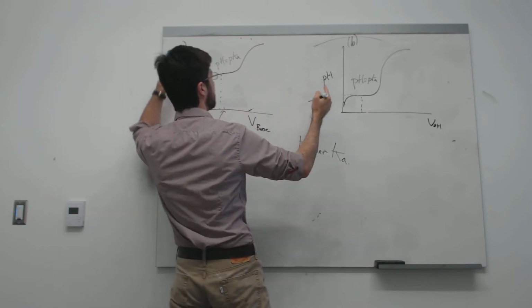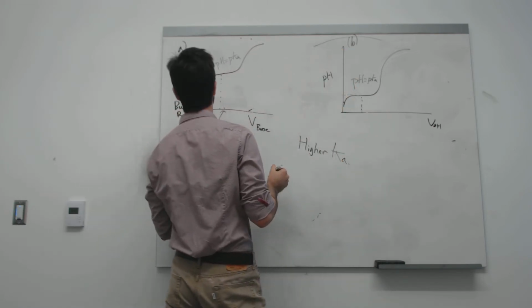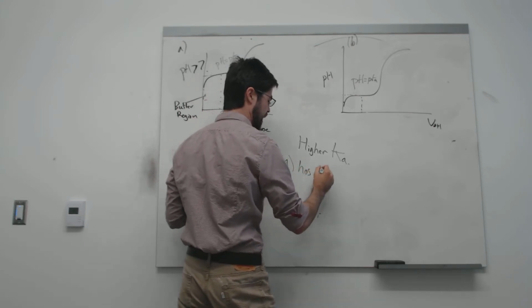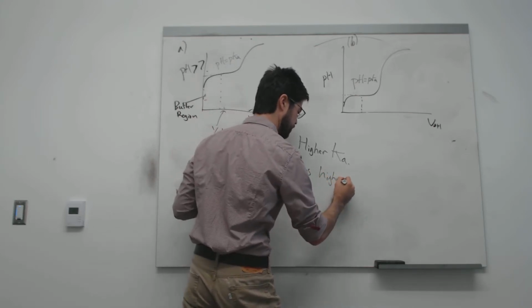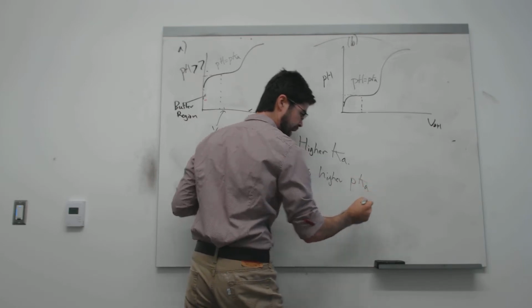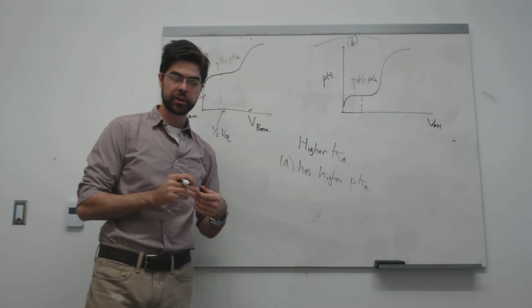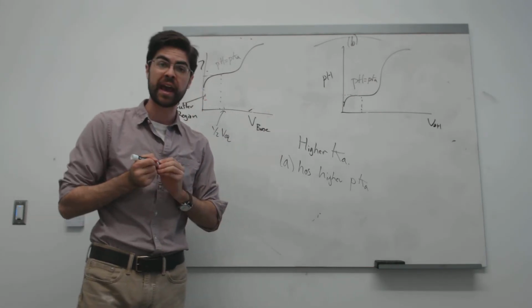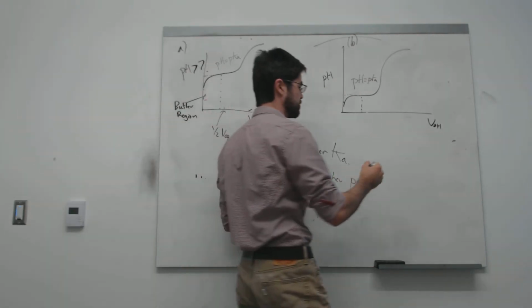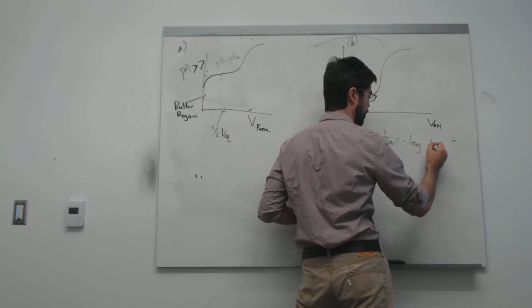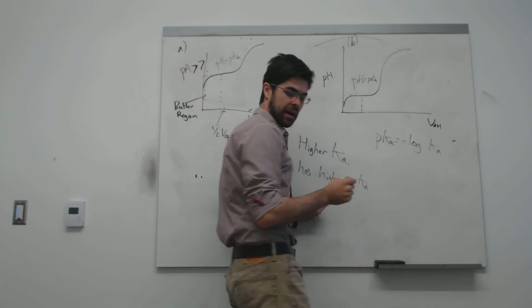So between A and B, I can say that A has a higher pKa. B, on the other hand, has a higher Ka, because we defined pKa as the negative log of Ka.